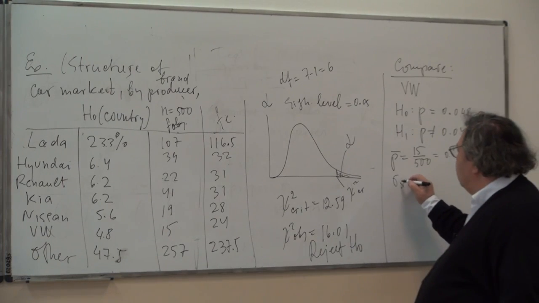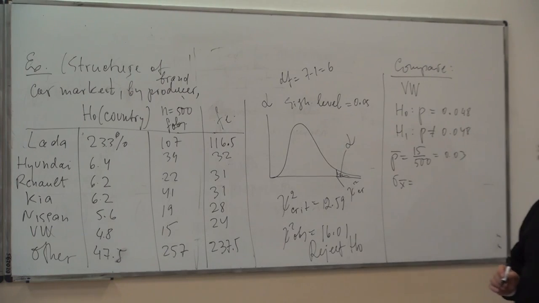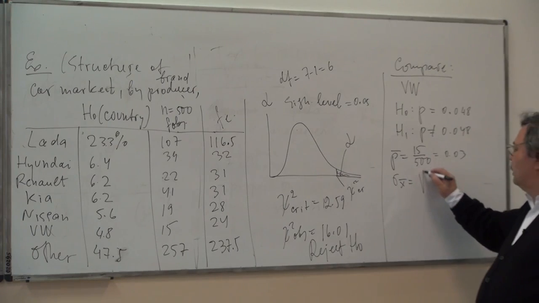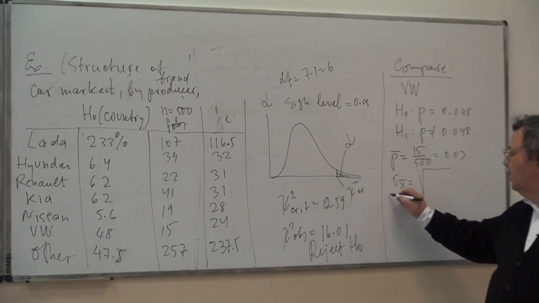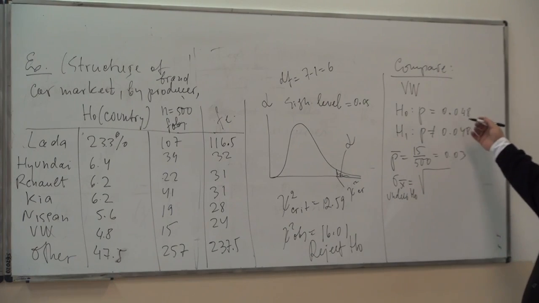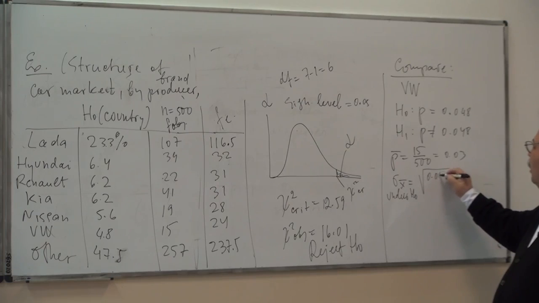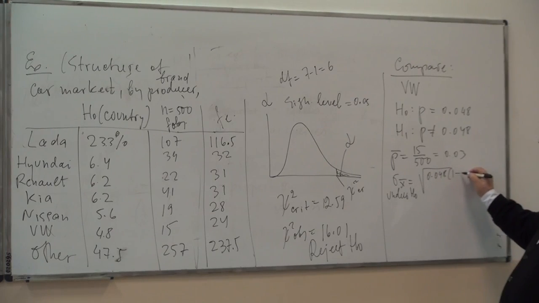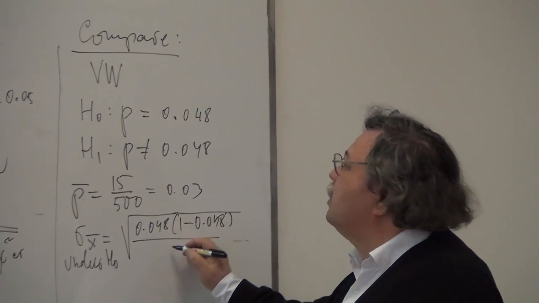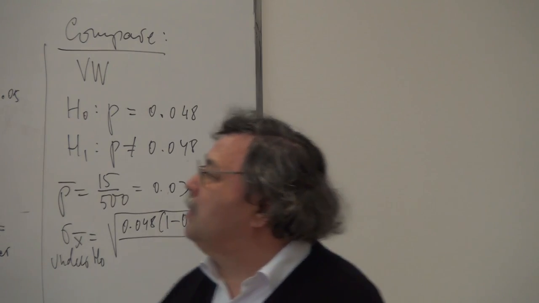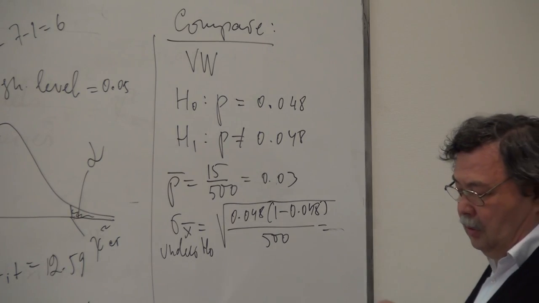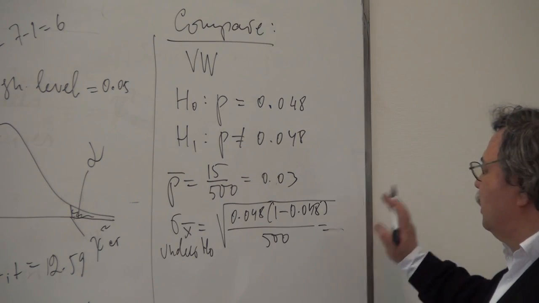Now, the next step in this test is computing the standard error of the proportion, and it's computed under H0: it's the square root of P0 multiplied by 1 minus P0 divided by the sample size, which is 500, and it's equal to something.